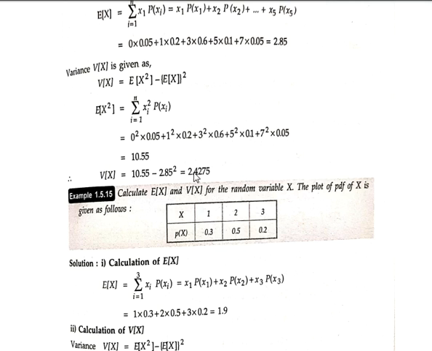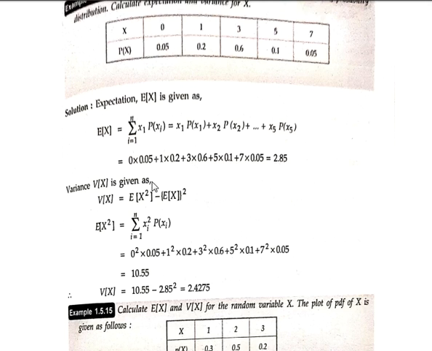Once this is known, then to find the variance, V of x can be written. This variance is E of x square minus E of x whole square. Here the variance can also be written with del. It is E of x square minus mu square, as we used to write, and the value of mu is this itself.